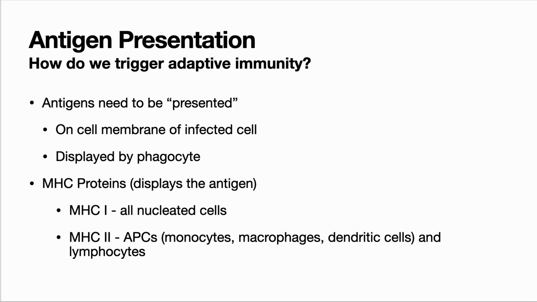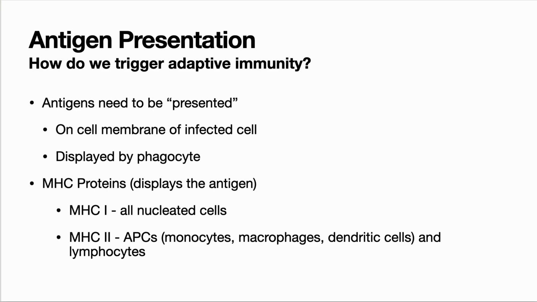So one way or the other, in order for your immune system to "see" an antigen, it has to be presented to them on this MHC protein. That MHC protein comes in two different types that we care about: the MHC1 protein and the MHC2 protein. They both present antigens, but the difference is which cells have which MHC protein.